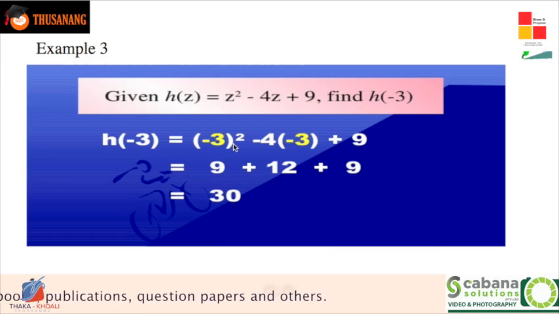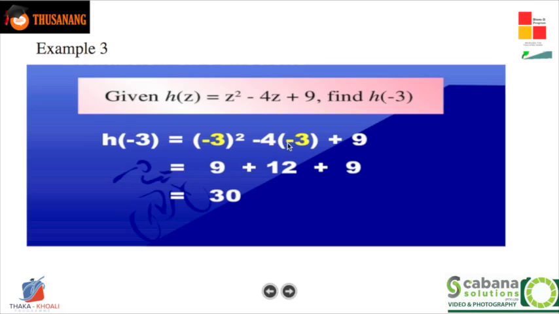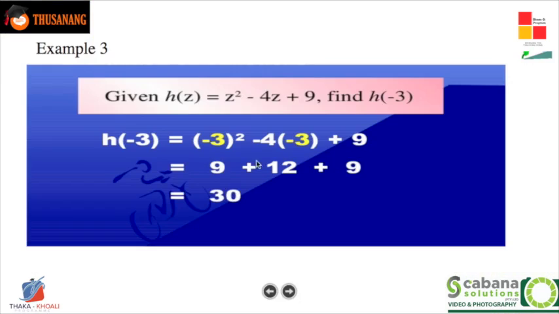Negative multiplied by negative gives positive, and 3 multiplied by 3 gives 9. Then we have negative 4 multiplied by negative 3, which gives positive 12. Why positive? Because negative multiplied by negative is positive. Then we have plus 9. Then we just add 9 to 12 and then to this 9, and we get 30.